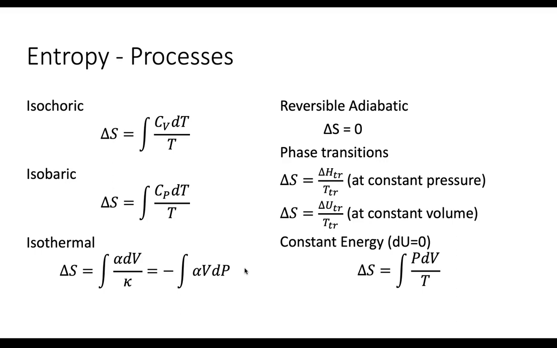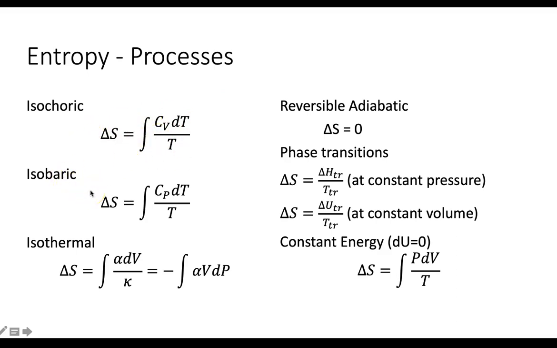Okay, so then we have all of these different expressions for entropy, and they're all equal, right? If we're looking at dS, they are all equal. But what we're really interested in is what happens to the entropy if we do a process. We're all about evaluating processes in thermodynamics, particularly chemical processes. So if we do an isochoric process, we make dV equal to 0, and we integrate, and this would be our entropy.